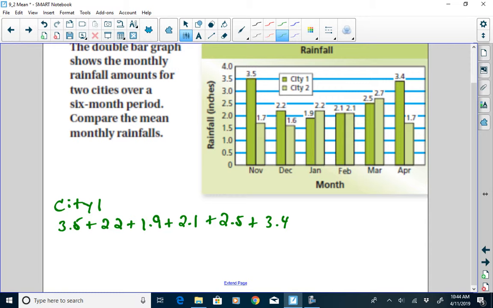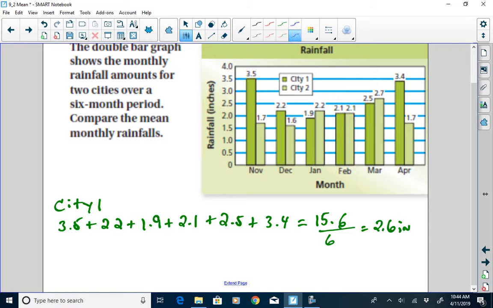So we have 3.5 plus 2.2 plus 1.9 plus 2.1 plus 2.5 plus 3.4. We get a sum of 15.6. But then we want to divide that by 6 because there are 6 different months. That's going to give us an average rainfall of 2.6, and these are what? Inches. So an average rainfall of 2.6 inches per month.